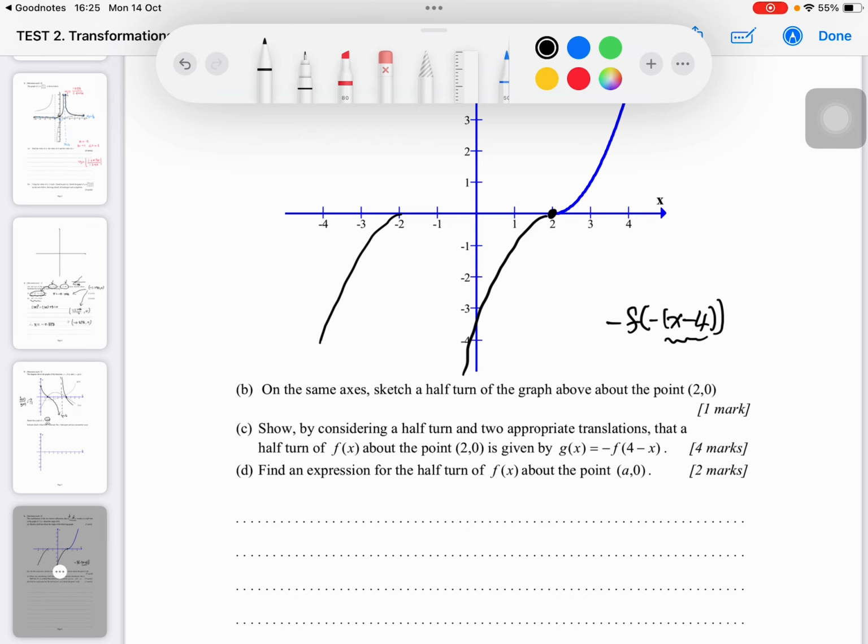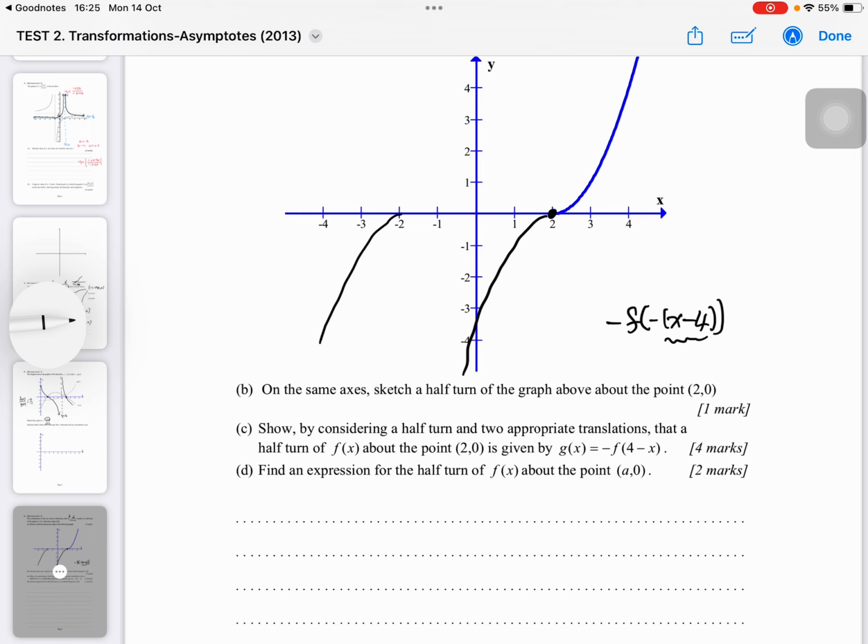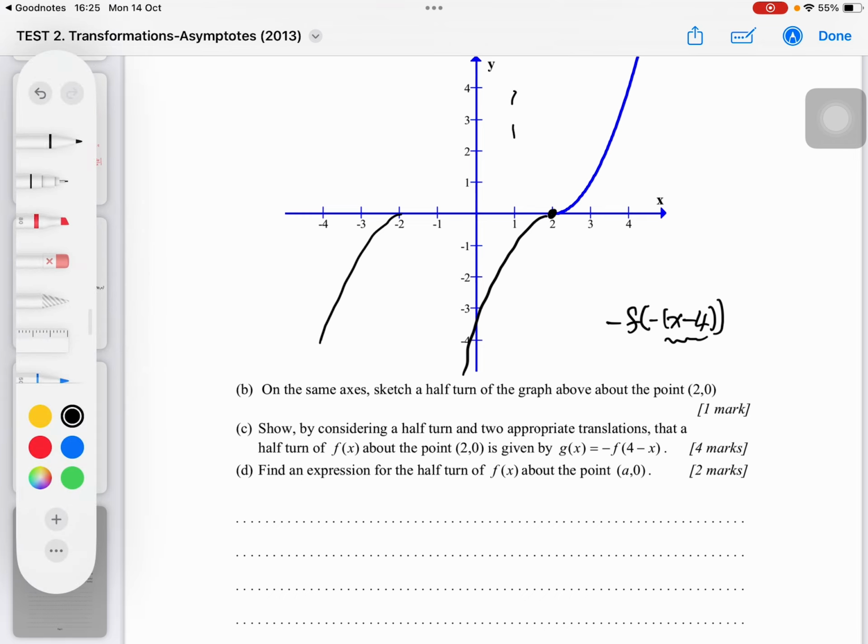So maybe when we make a comma 0, let's say for example it is 1, then when we reflect it here and here, this one comes to the right 2 units.